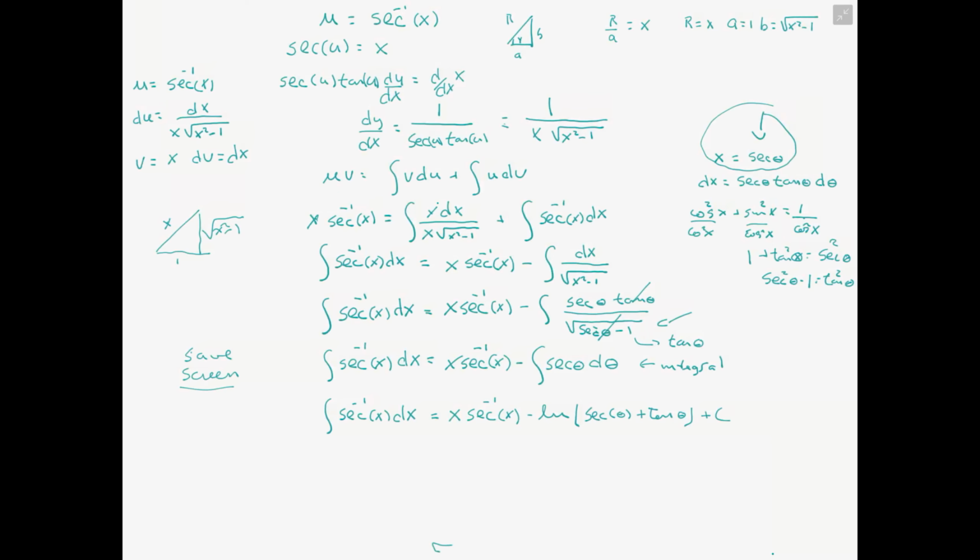So we substitute that back in, and our final answer for the integral of arcsecant of x dx is x arcsecant of x minus the ln of x plus square root of x squared minus 1 plus c.